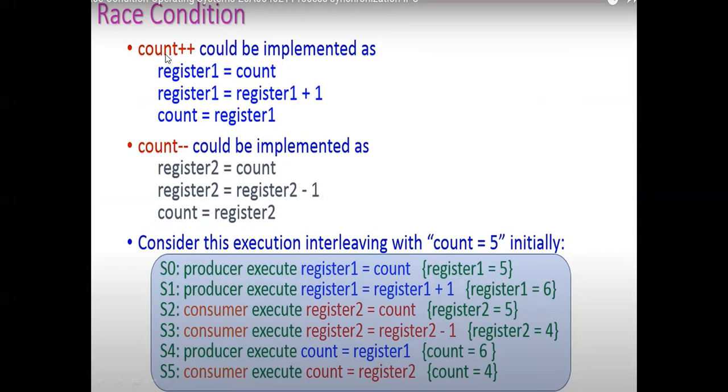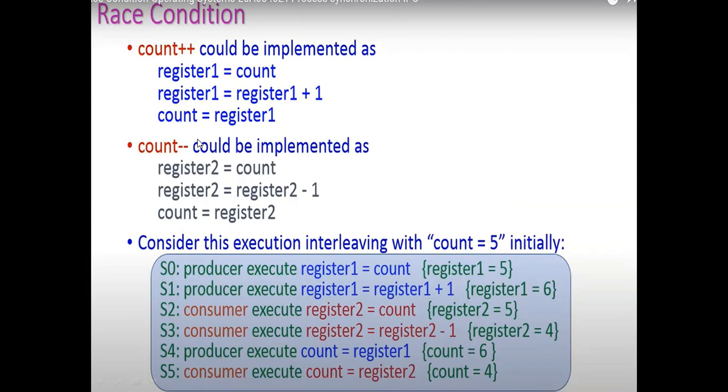This is implemented using register 1. Count is a data variable which is shared by both the producer and the consumer process. If a new buffer is produced, the count value will be incremented. If the buffer is consumed, then the count value will be decremented.